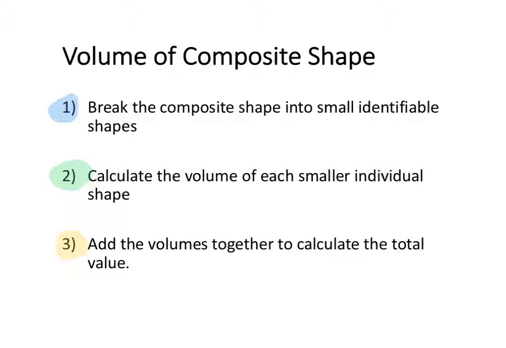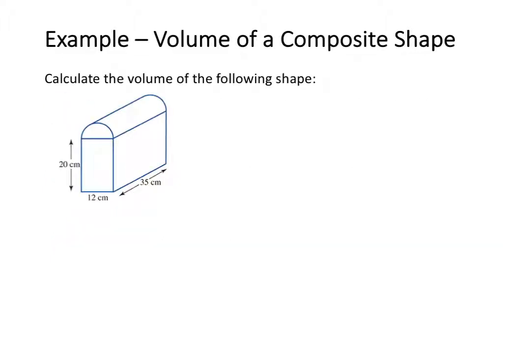composite shapes. In the first example, I want to calculate the volume of the composite shape shown. So the first step is going to be break that shape into smaller shapes. So for this shape, I can break it into two smaller shapes. I can break it into the semi-cylinder on the top of the shape, and I can break it into the rectangular prism down the bottom.